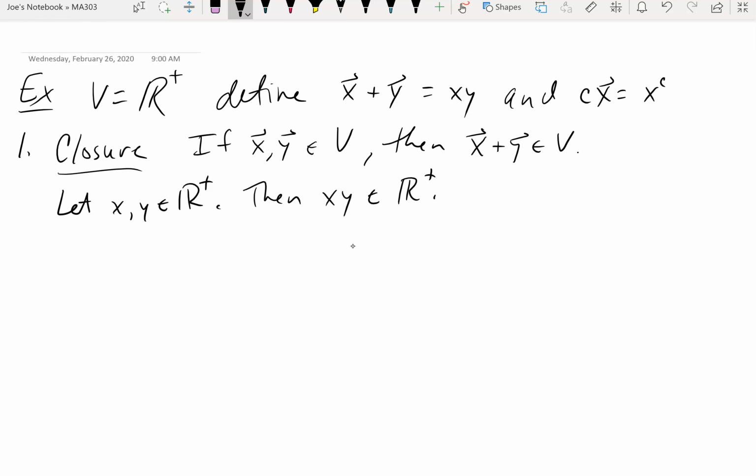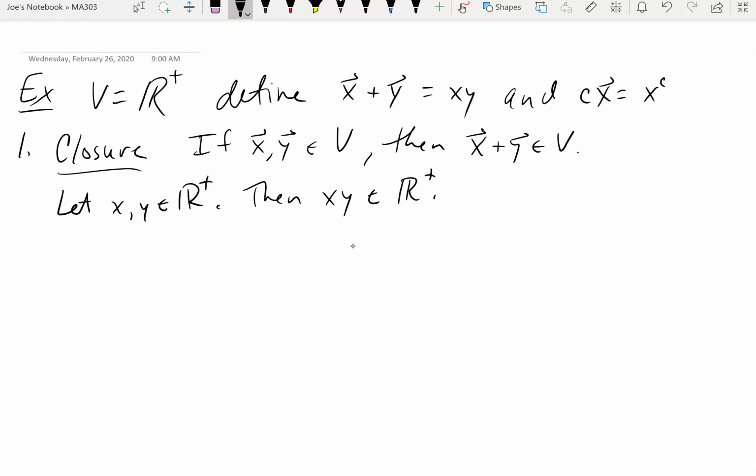So I just said let two numbers be positive real numbers, and certainly when I multiply them, because that's how the operation is defined in this case, I get another positive real number. So again, this is the general statement for vectors. This is me putting it in context for how the problem is stated. Does that make sense?